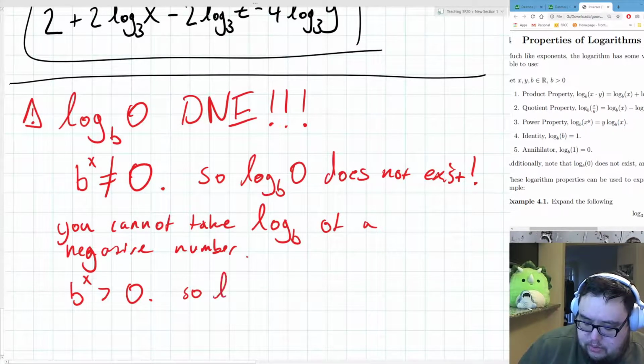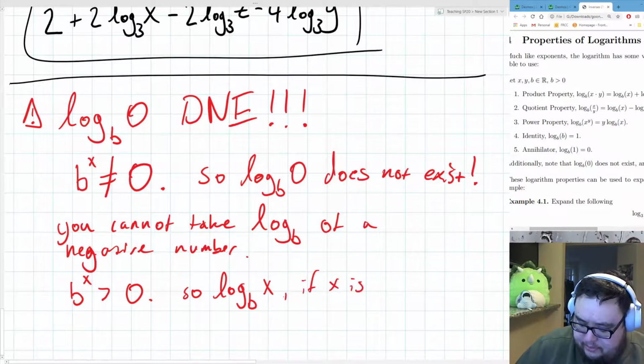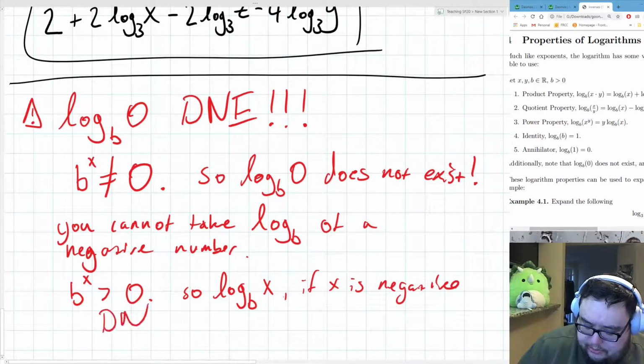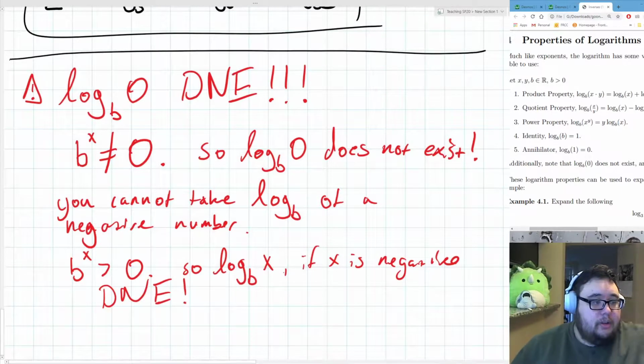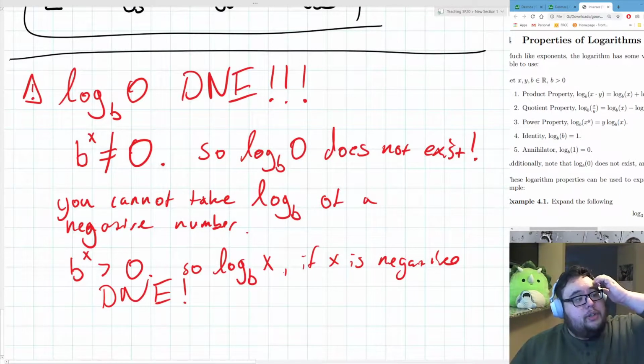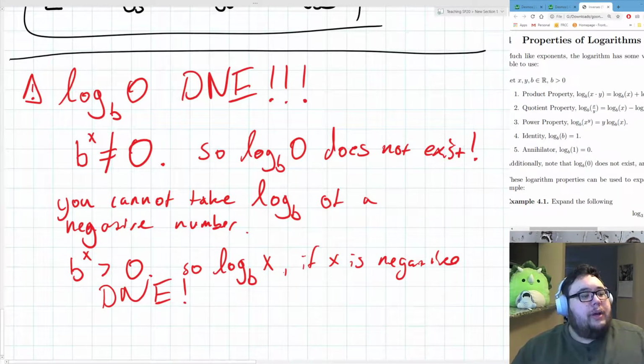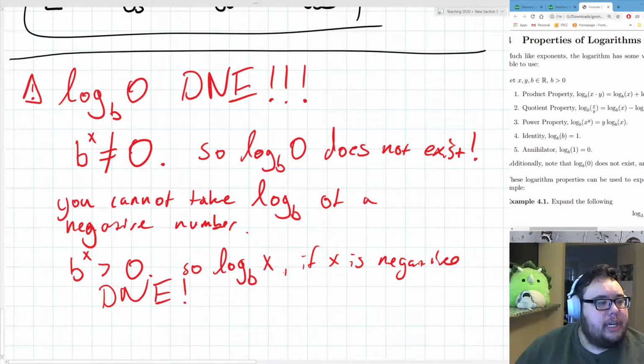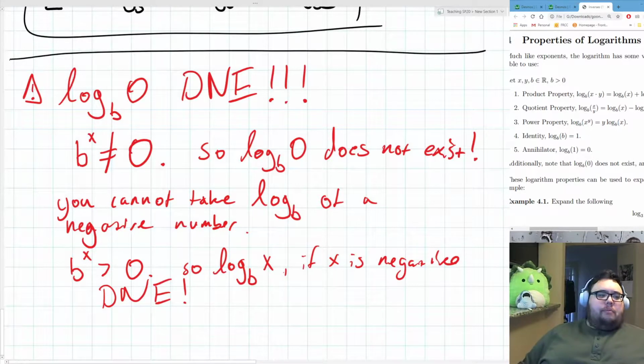So log base b of x, if x is negative, does not exist. So if you're ever in a situation where you're being asked to take the logarithm of a 0 or a negative number, depending on what situation you're in, you maybe made a mistake earlier on, or the thing you're looking at doesn't exist, or something is wrong. You should not be taking the logarithm of a negative number. That can't happen.